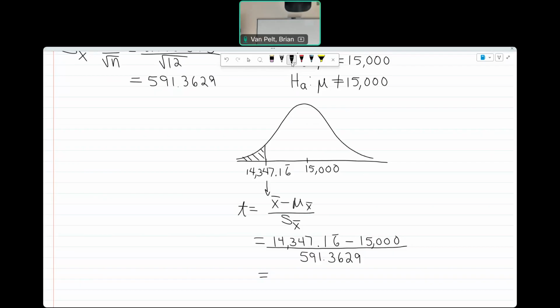The T table works to 3 decimal places. That's how I will go. I'll go negative, 3 decimal places, negative 1.104. You guys get that? Negative 1.104, that's where I'm going to stop.